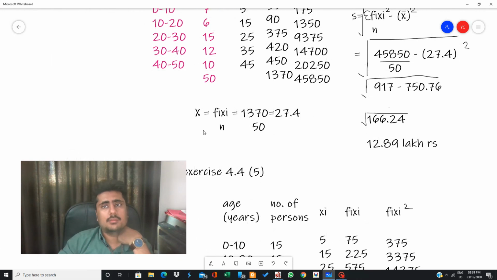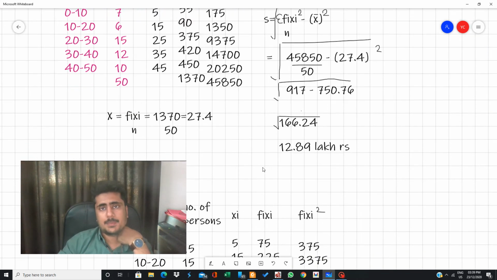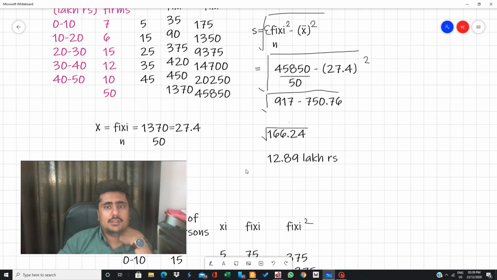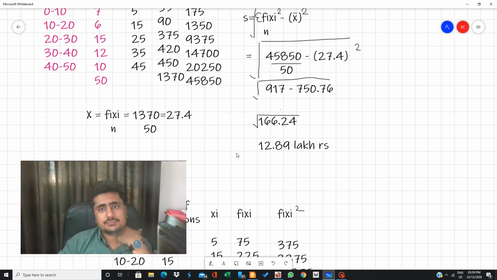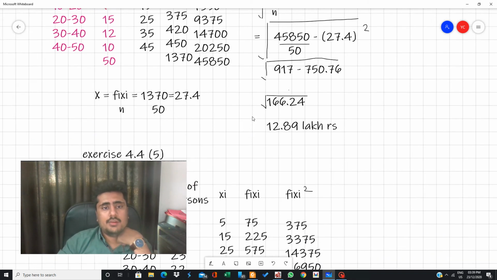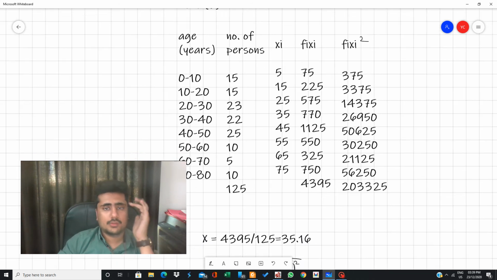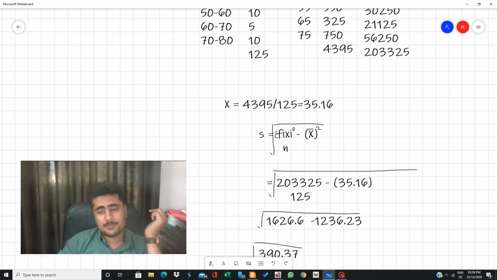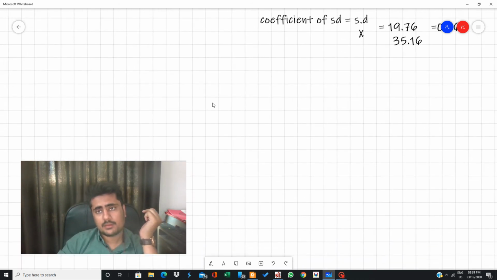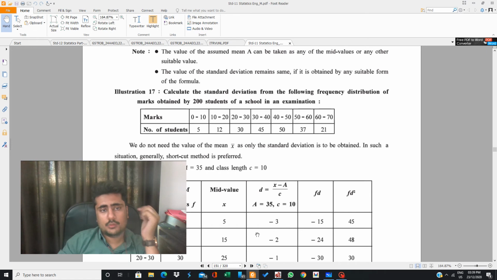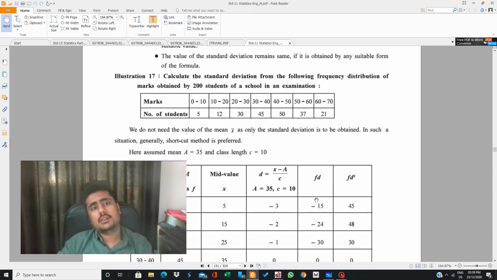Now this is your standard deviation. We had done exercise 4.4's fifth sum also with the same formula. What we are going to do today? Today we are going to do illustration number 17.